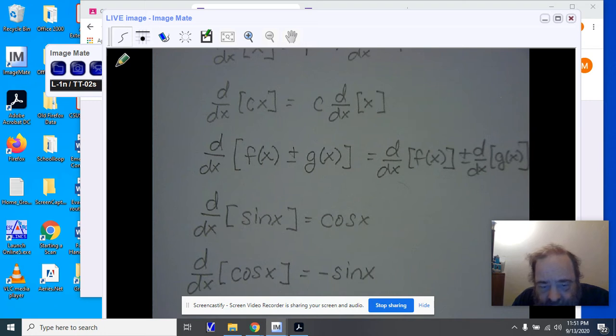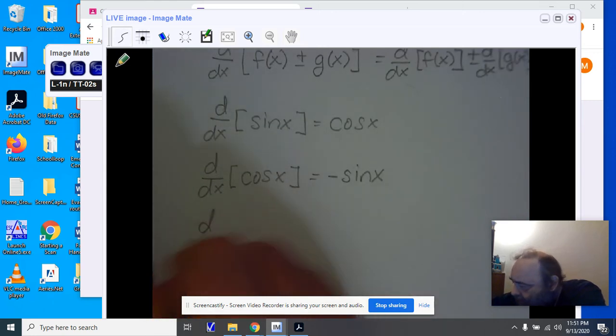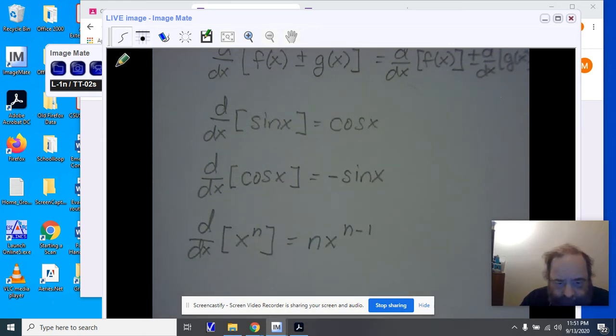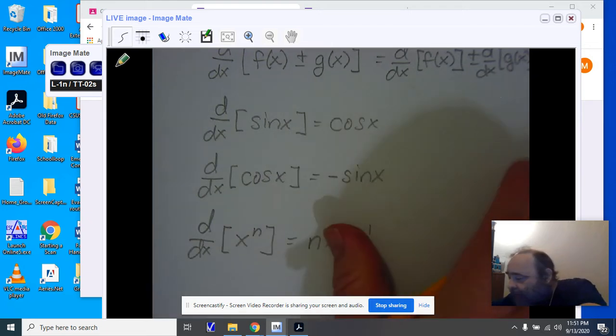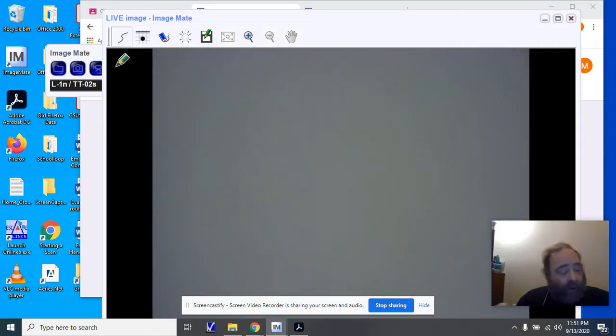These are the ones that we start off with, our fundamentals, and then we throw into it our general power rule. Now, the general power rule is our first rule that really gives us tremendous power to do a lot of things. Okay, so here we have our basic derivative. Now, there are a few more that we need to make sure that we go through and check out.